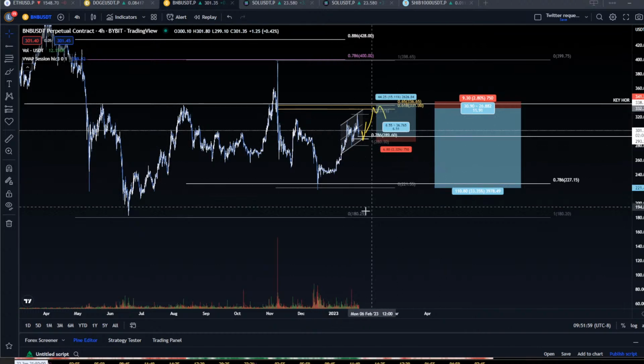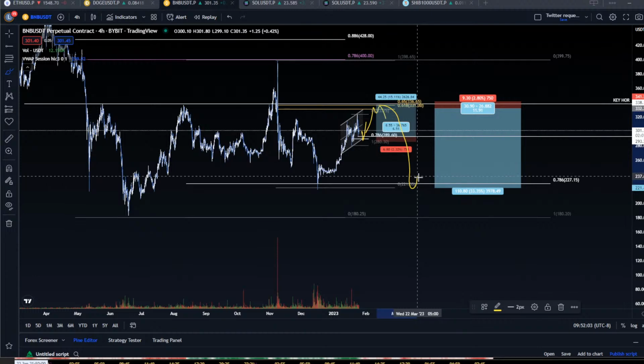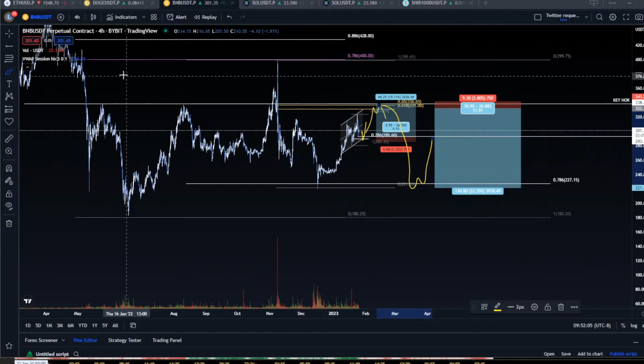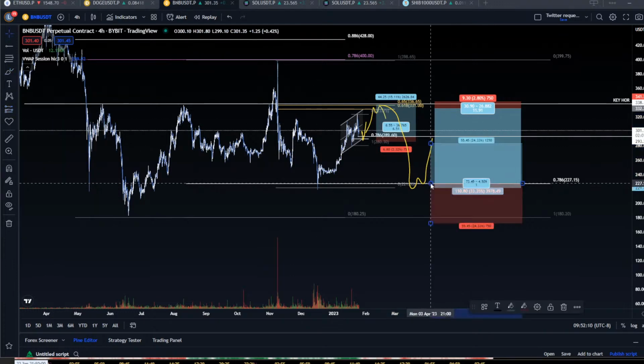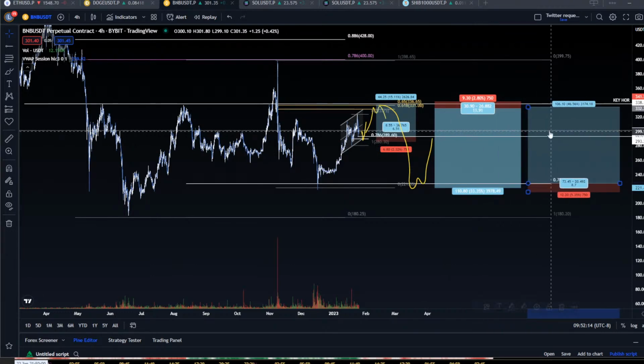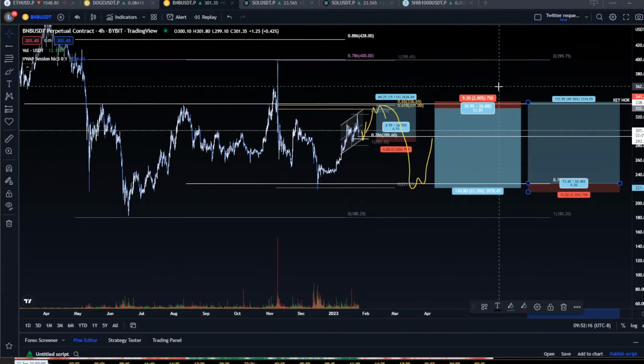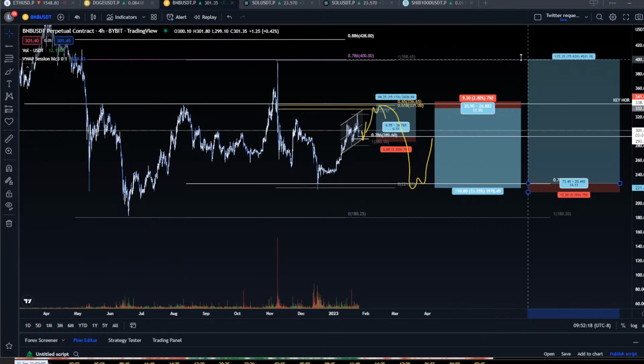Yeah, maybe this would be an idea to come back down, retrace this impulse, and that could be a nice long idea, pushing back up into the highs of the range. The main thing is I'm sharing the levels, right? The gist of the idea.